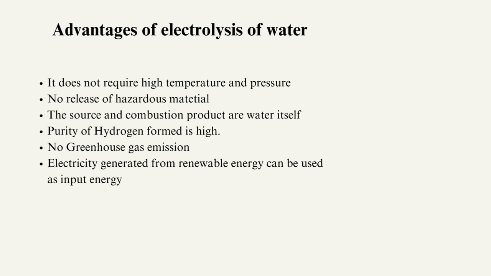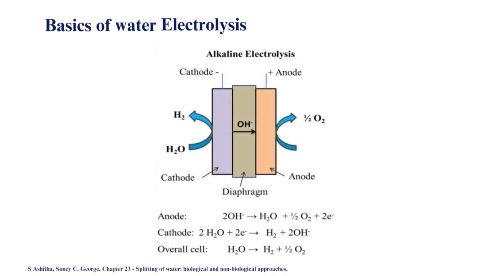So now we can take a look at the basics of water electrolysis. It can be done in either acidic medium or alkaline medium. Here this is a picture of alkaline electrolysis.